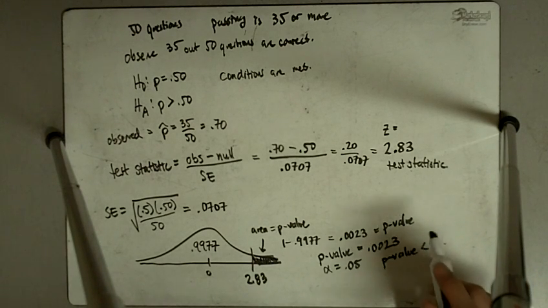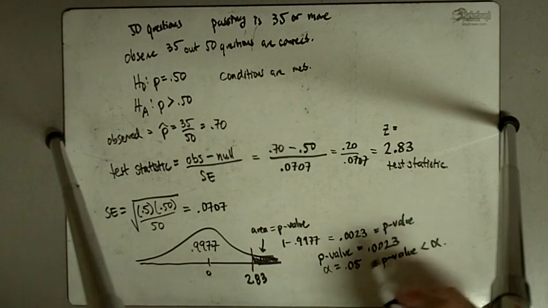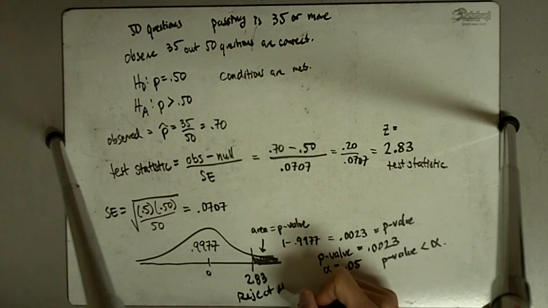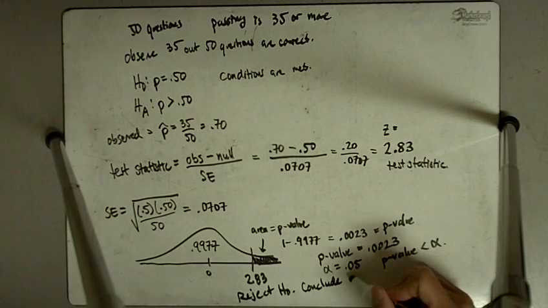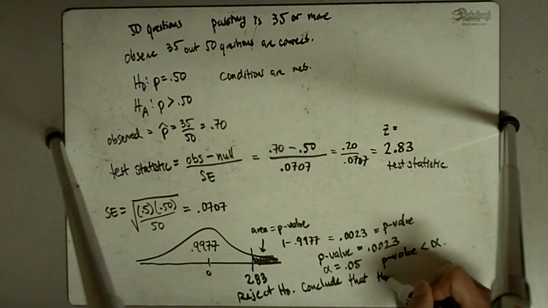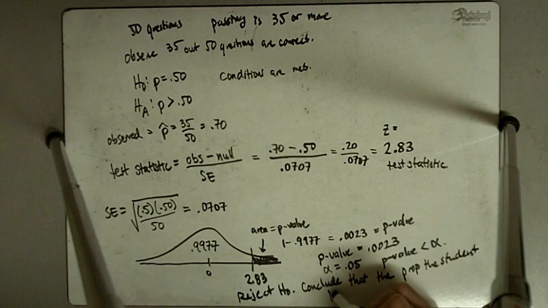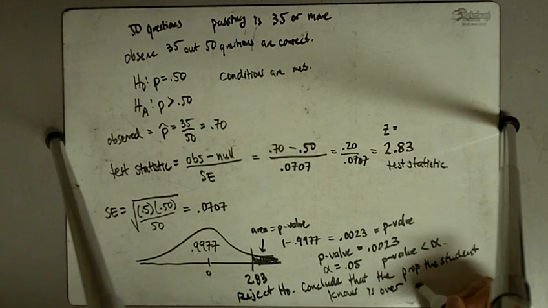So I reject the idea that the student's just randomly guessing, and I conclude that the student actually knows some of the answers. So I reject H0 and conclude that the proportion the student knows is over 0.50.